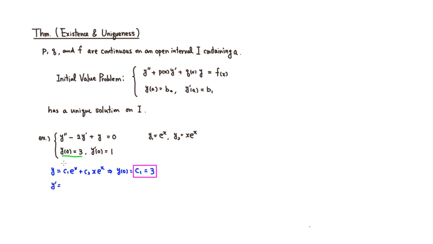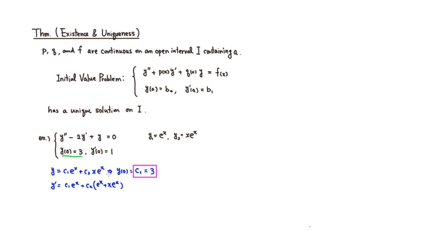The derivative is going to be c1, and the derivative of e to the x is still e to the x. Plus c2 times, the derivative of x is 1, so 1 times the second factor, you have an e to the x. And plus, first factor is x, and the derivative of e to the x is still e to the x. So we get that.